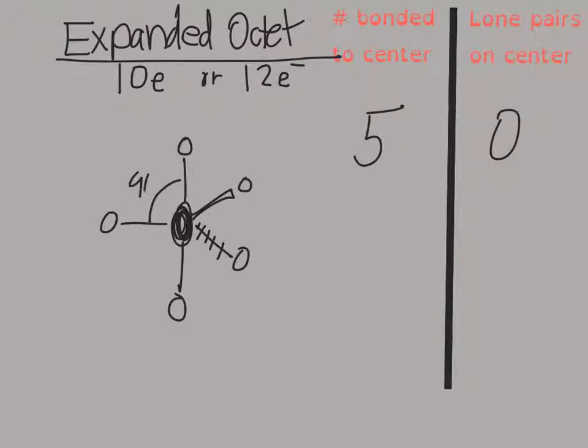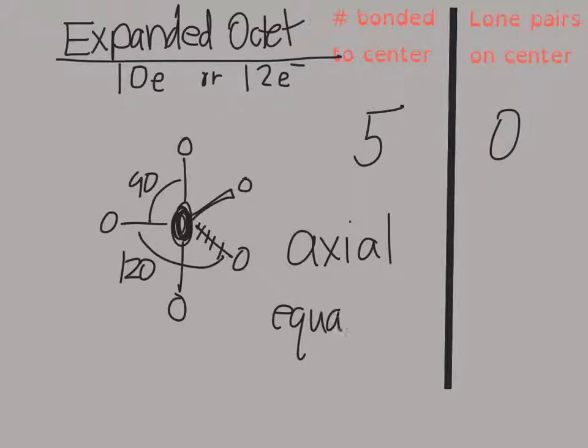You have a 90 here, and then here is a 120. So depending on whether you are in the axial position or the equatorial, you have a different bond angle. Now, the axial would be the up and down, and the equatorial would be around the center, around the equator, just like on the Earth.